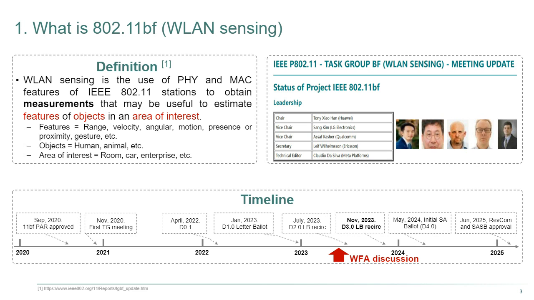Although we still have nearly 2 years to go for the final publishing of the standard, until now we already have a very stable version, which means that our major features and major procedures have been designed, confirmed, and are stable. That's why we already initiated the discussion in the Wi-Fi Alliance to start a certification program in the future for the chipsets of 11bf.